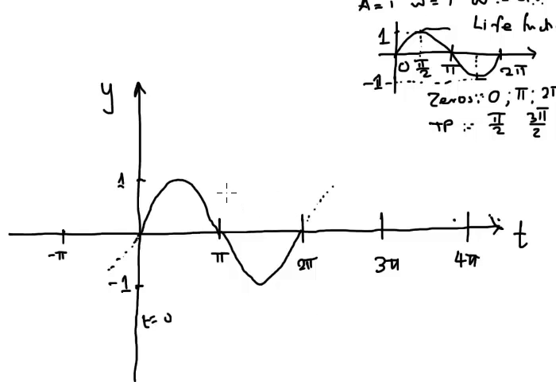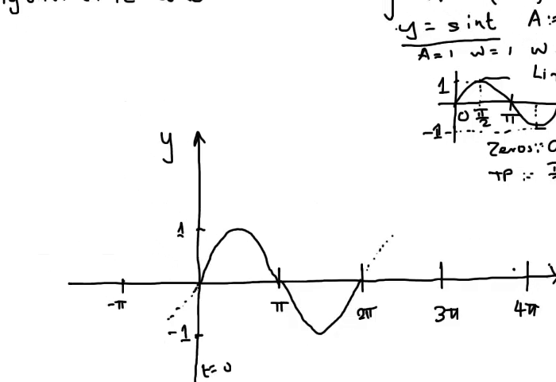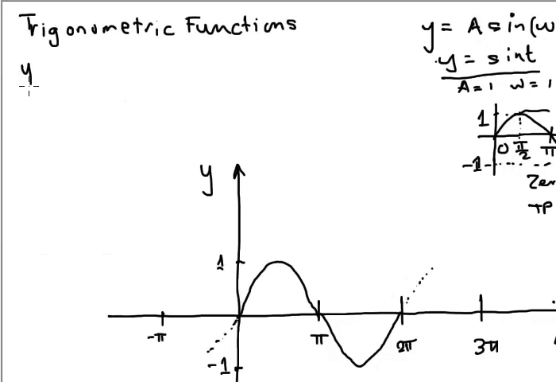Right. Now what I want to do is look at a variation of this curve, y equals 2 sine t. Notice the only thing that has changed is a. If I just erase this 2, I will have sine, which means the zeros, the turning points, are going to be the same.